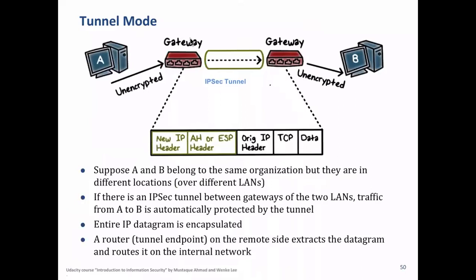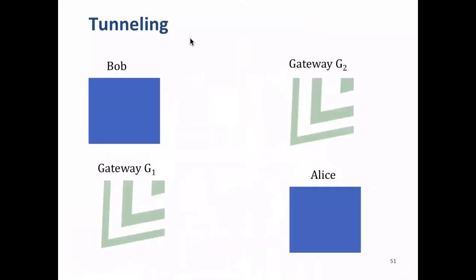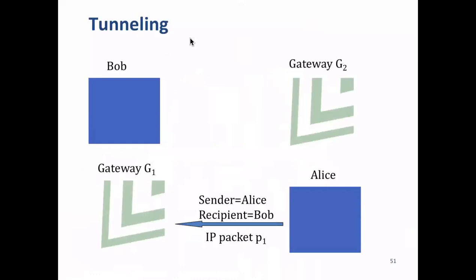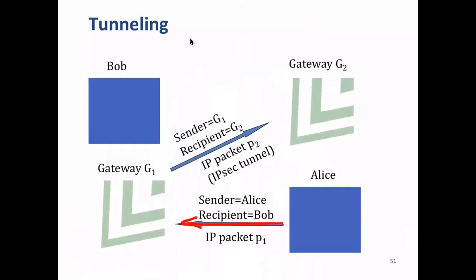So it's something like this. In the case of tunneling, Alice sends something, she creates a packet P1. This is an ordinary IP packet, and then the gateway encapsulates it in another packet and sends it on.